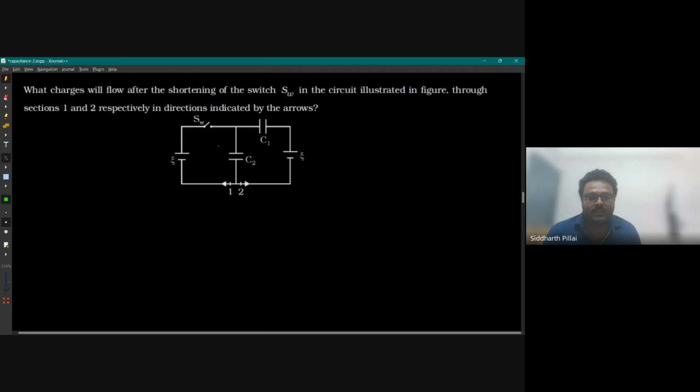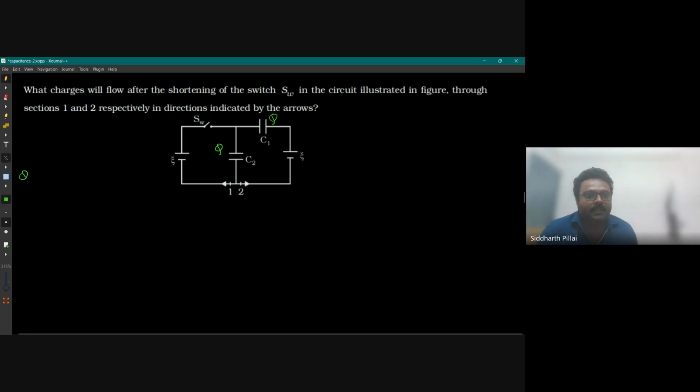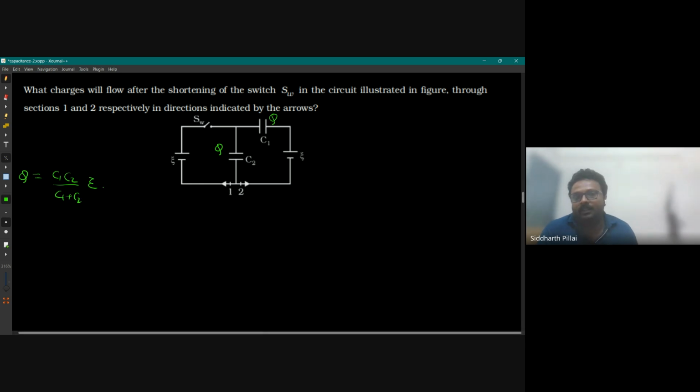So let's say that charge is Q initial on both C1 and C2. Basically, Q is equal to the equivalent capacitance, C1 C2 by C1 plus C2, times the potential difference E, or the battery voltage E. That is the initial charge.